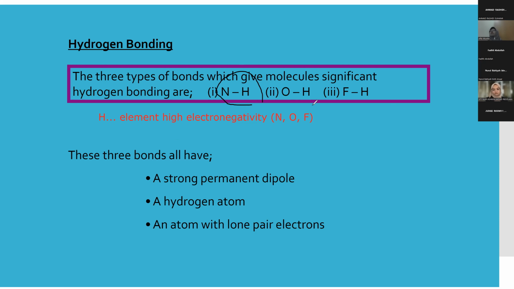Because hydrogen bonding is the interaction between hydrogen and elements with high electronegativity, which are nitrogen, oxygen, and fluorine. All three have strong permanent dipoles. Of course, there is a hydrogen atom over there, and then the atom with a lone pair of electrons.